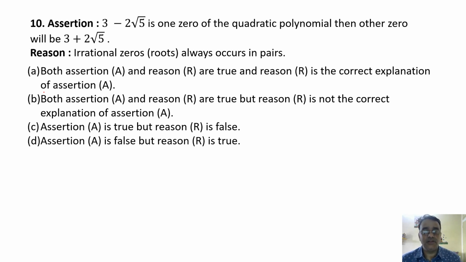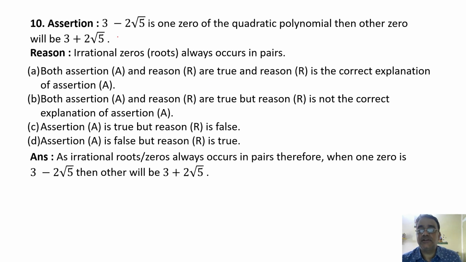Irrational zeros always occur in pairs. Now see, this is true only because if suppose 2 plus root 3 is one zero, the other zero will be 2 minus root 3. Okay, because if we multiply these two, we will get a rational number. 2 plus root 3 into 2 minus root 3 will become 4 minus 3 equals 1. So that is why the irrational zeros always occur in pairs.